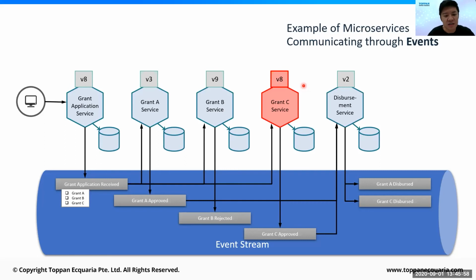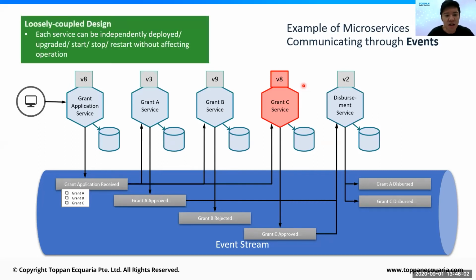With this design, faults are truly isolated. Hence, it provides the confidence for the developers as well as stakeholders to allow each service to independently deploy, upgrade, and even start or stop without affecting other services, thus providing true autonomy for each service.